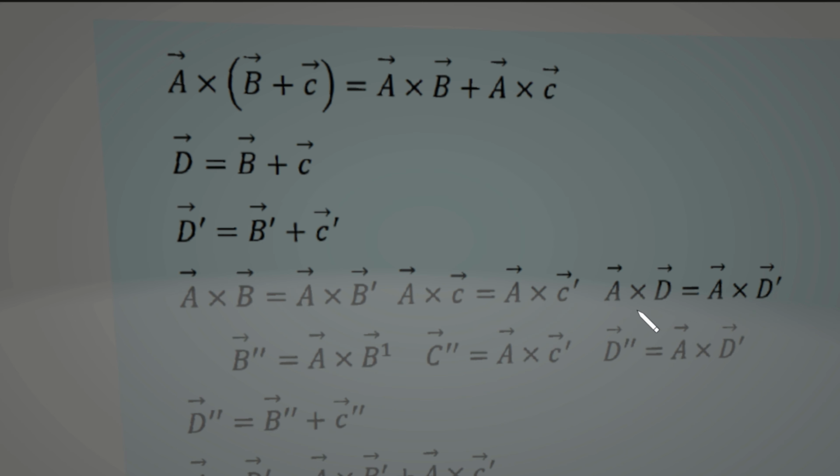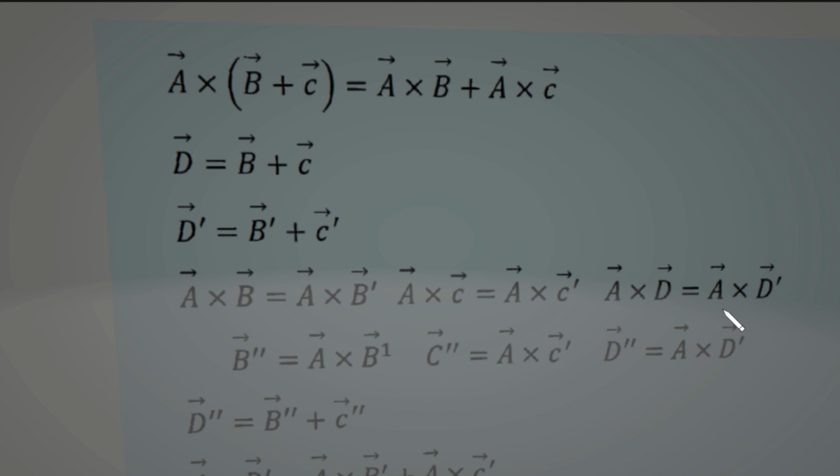Then we also prove that A bar cross D bar is equivalent to A bar cross D prime bar. The angle between A bar and D bar is taken as beta. Then A bar cross D bar is equivalent to AD sin beta. That must be equivalent to AD prime.